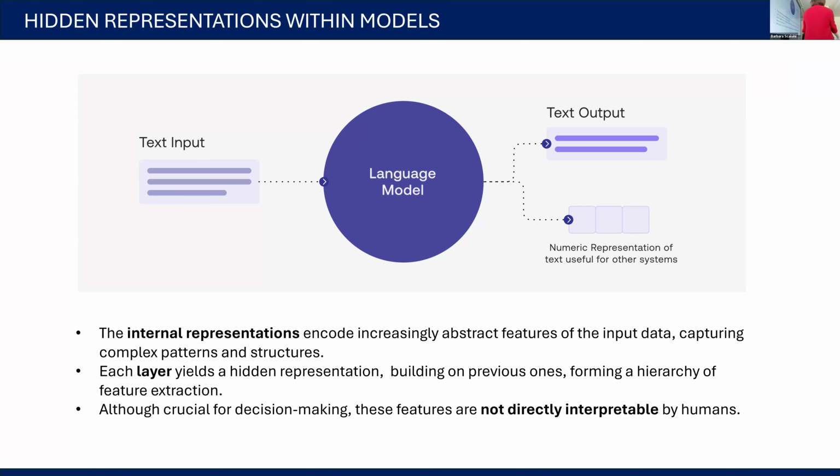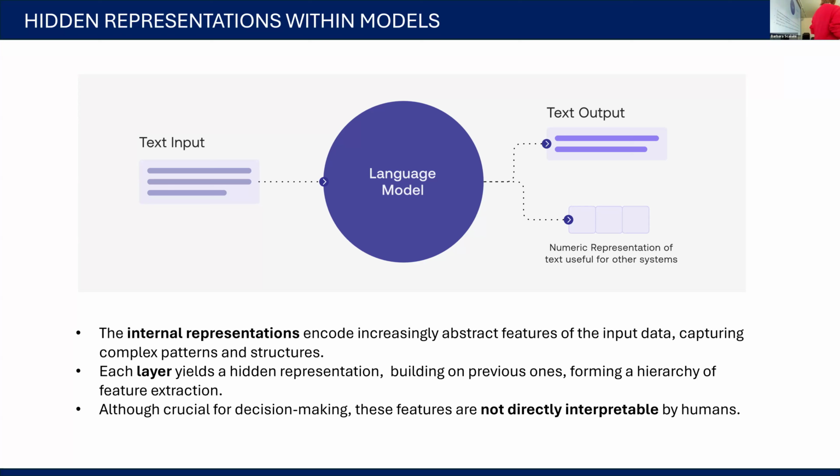So just a little summary of what internal representations inside models are. Of course, we typically see the language model or the speech model, or whatever we want to call it, as a black box. We put in an input and we get an output out of it. But these models are typically made of different layers, and all of these layers output an intermediate representation of the input.